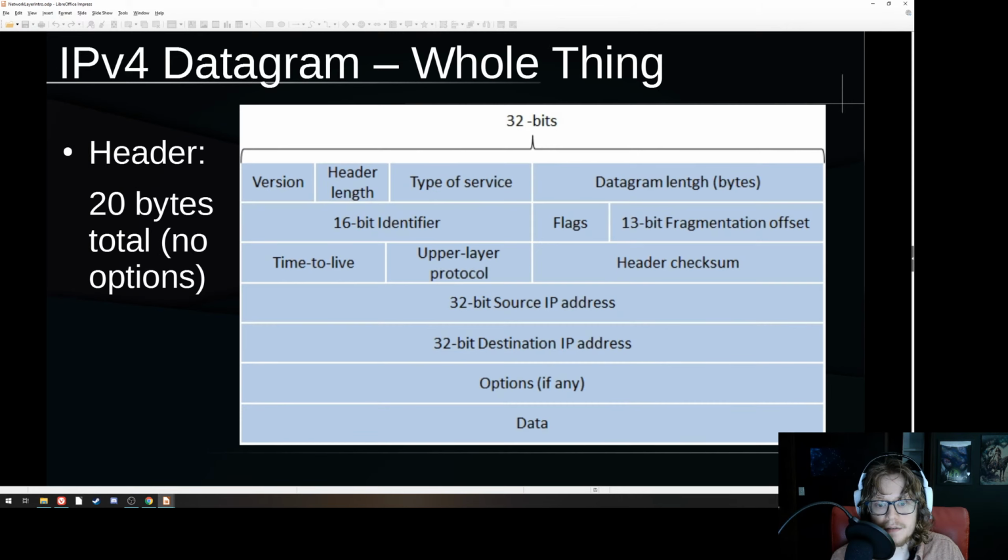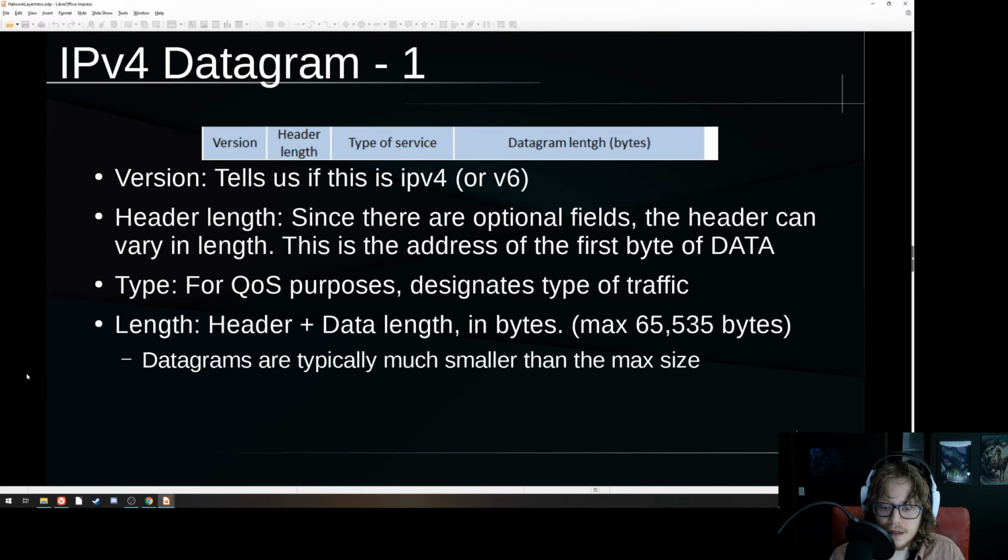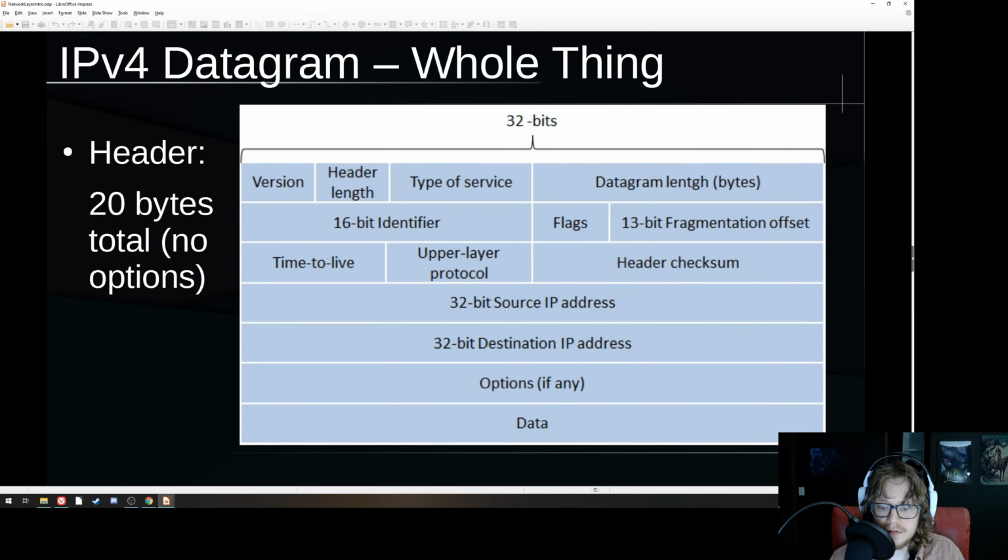Again, I'm going to go back for a second, and you'll see that there's the options extras down there. Now, it's possible that you have options, which means that this field, the header length field, will point to the address of the first byte of data. So it'll tell you on which byte the data starts. And so that could be a number anywhere from, however long this is without the options, right?